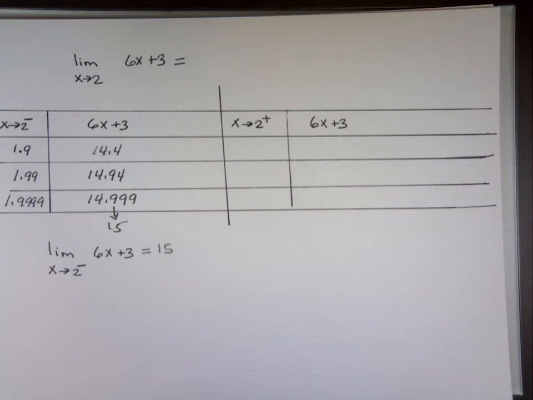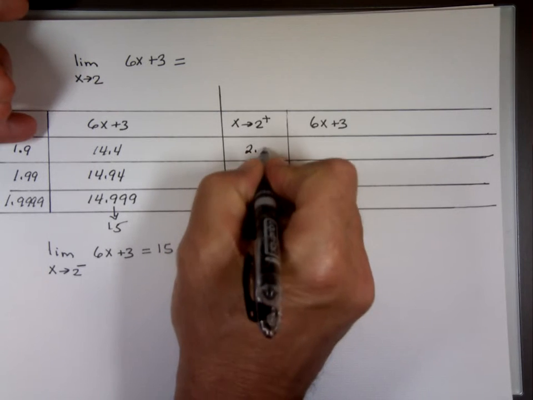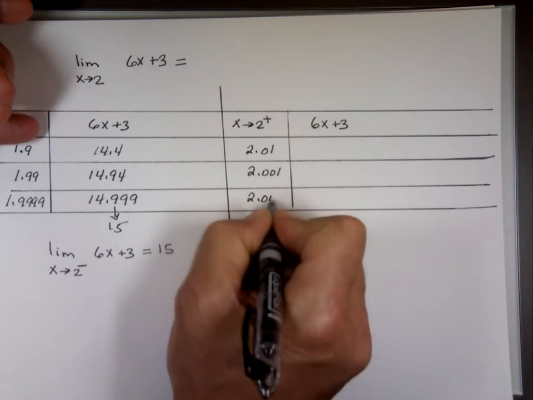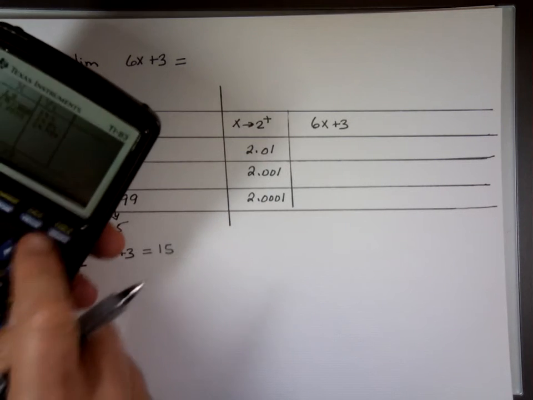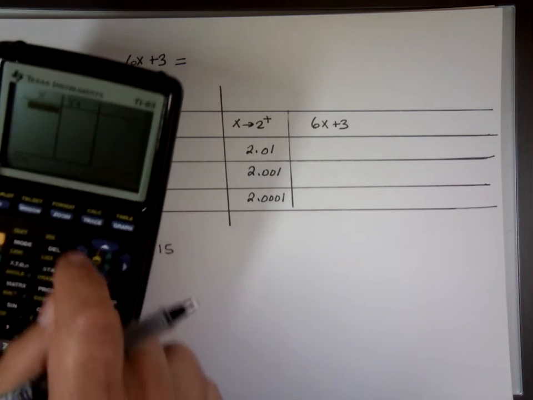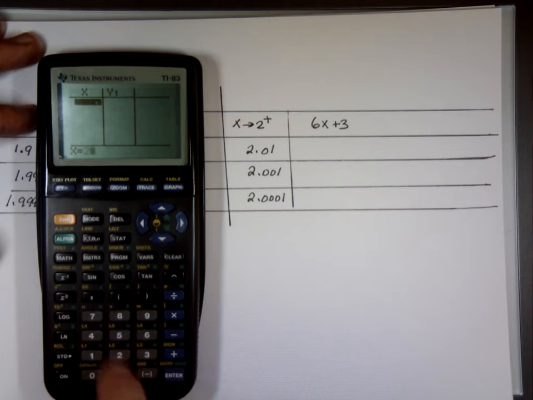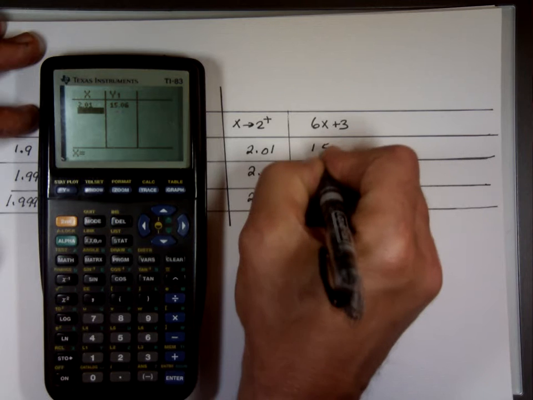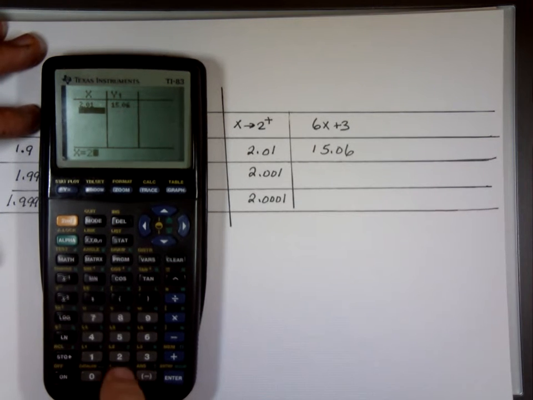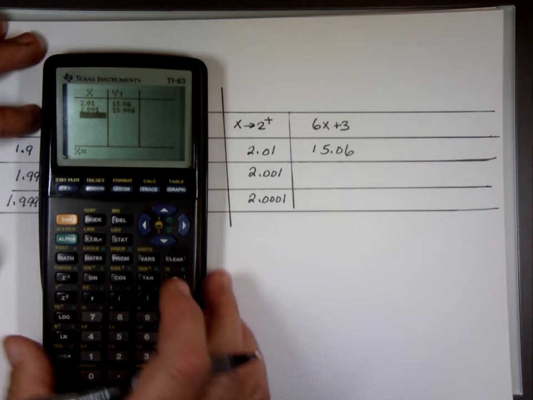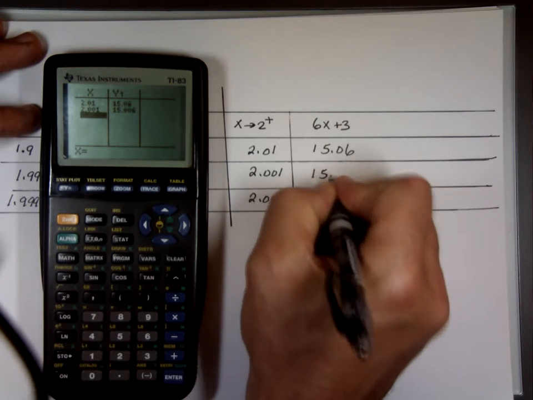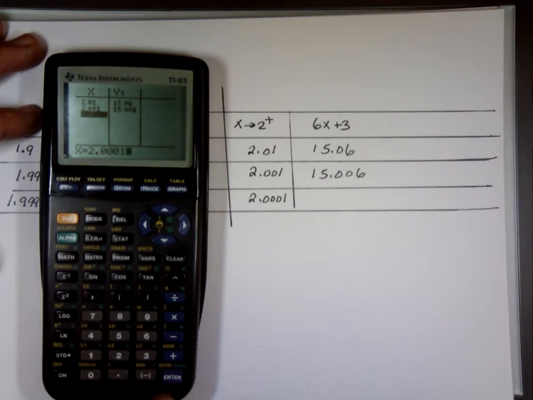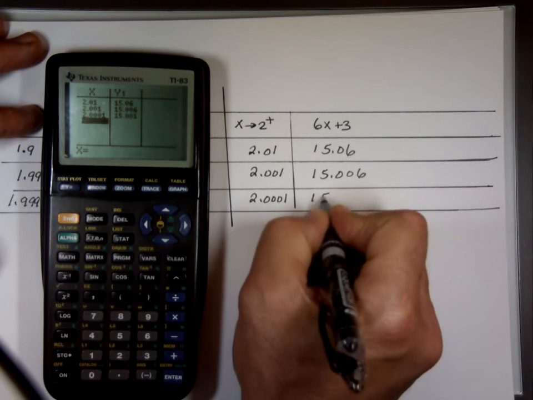Let's look at it from the right side. We'll start with 2.01, 2.001, and 2.0001. Clear all these values. Here we go. Let's try 2.01. 15.06. 2.001. 15.006. 2.0001. 15.0001.